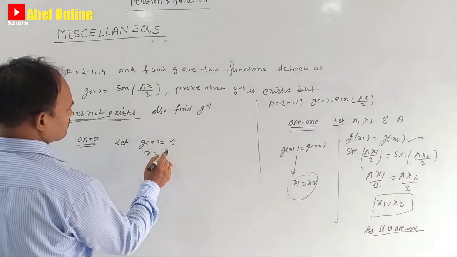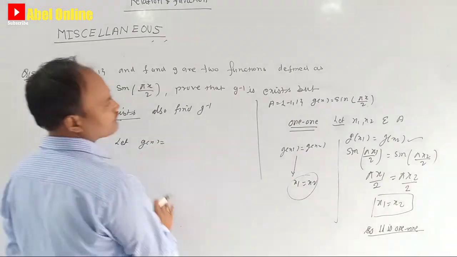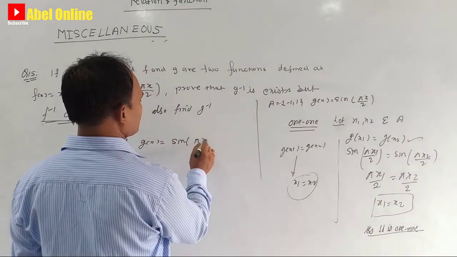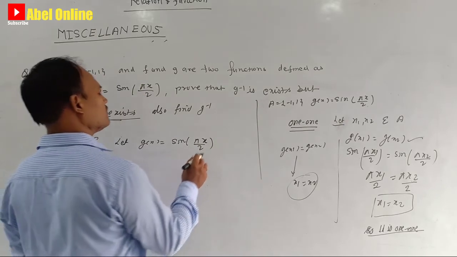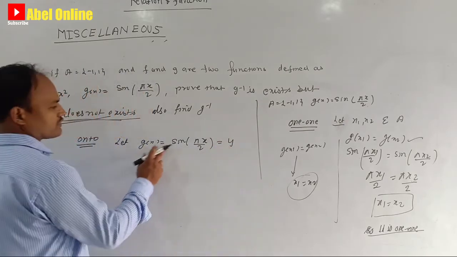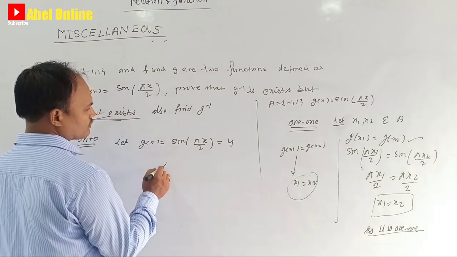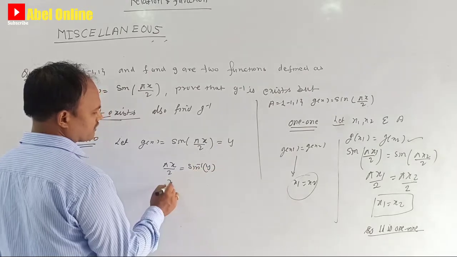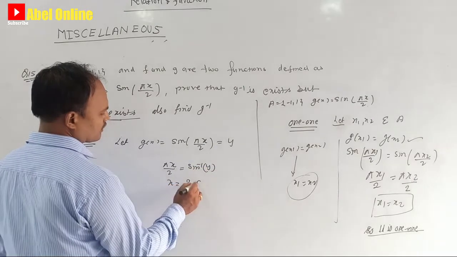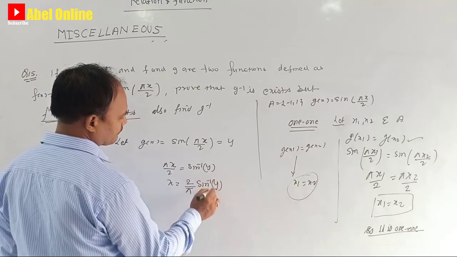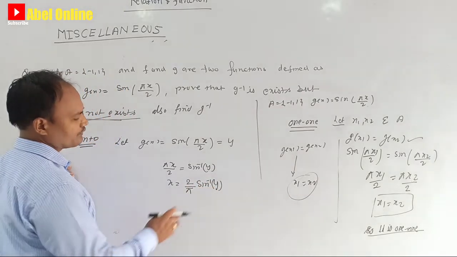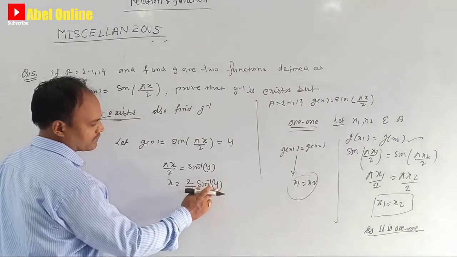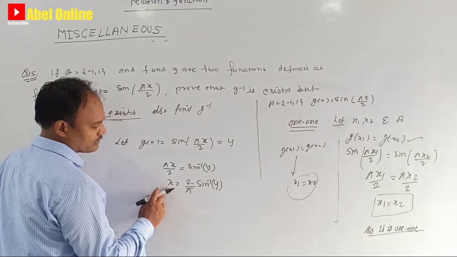So πx/2 = sin inverse y and x = (2/π) sin inverse y. So if there is a 1, we can get the particular value of x, and if there is a -1, we can find the particular value of x.